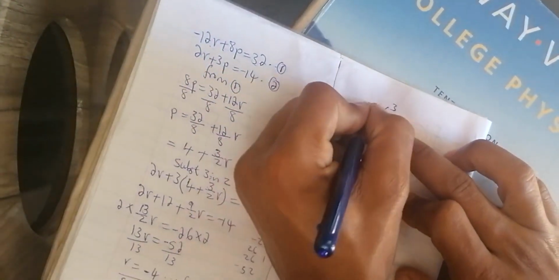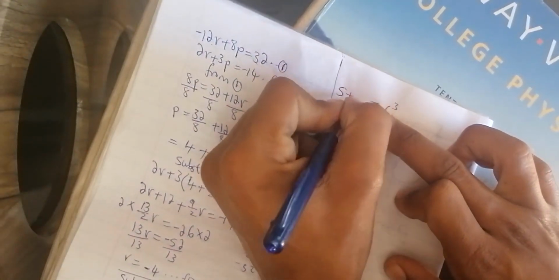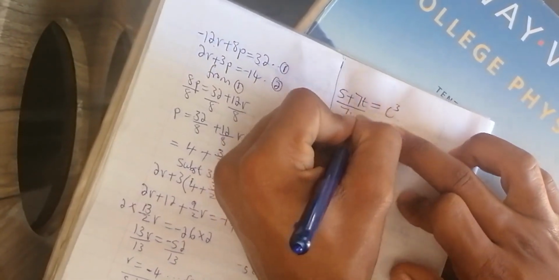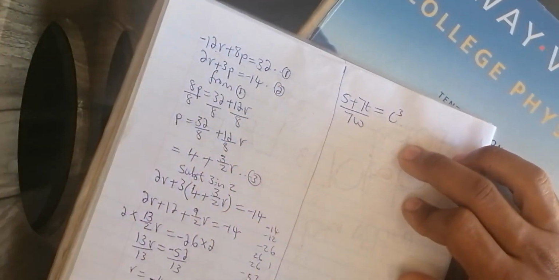So C³ is equal to 5 plus 7T all over 7W.